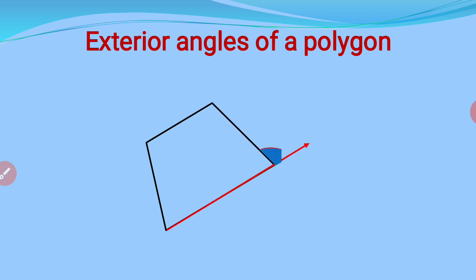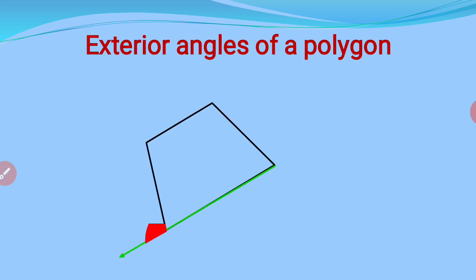That's a quadrilateral. Go on extending the sides clockwise and get the exterior angles, or anti-clockwise. This is actually clockwise and the earlier was anti-clockwise. So you will get another set of exterior angles.